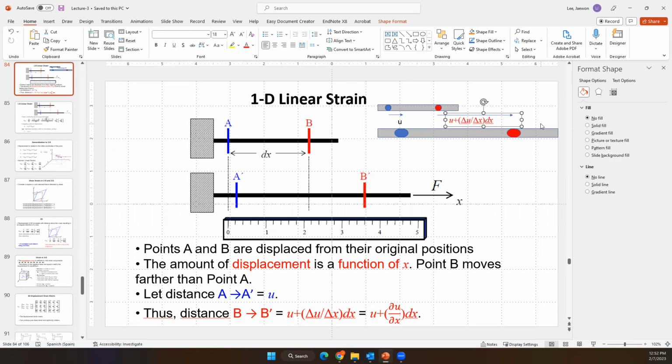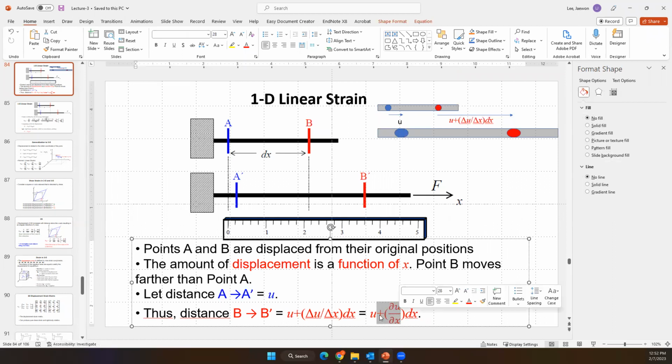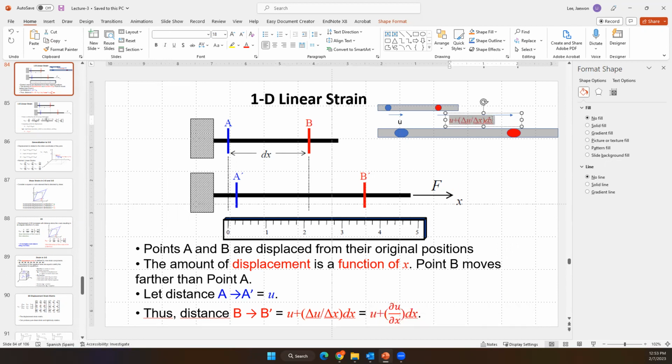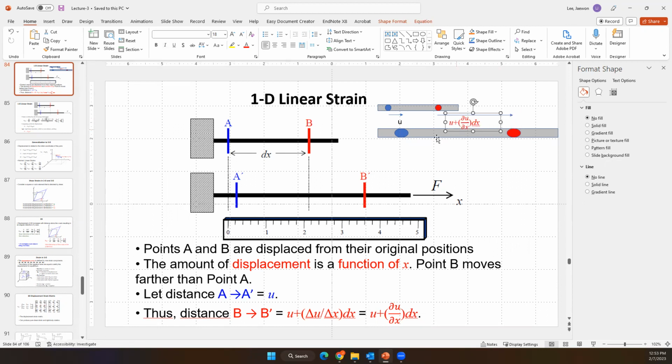Do you understand? Then it is easy to convert like this, so we can make a relation.